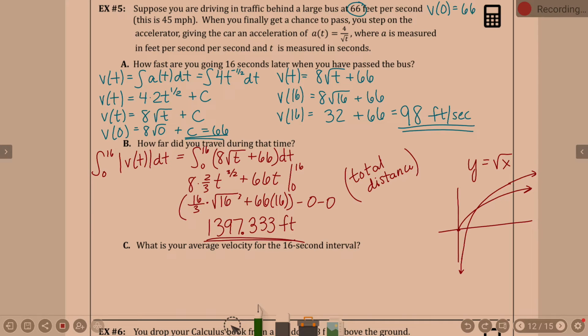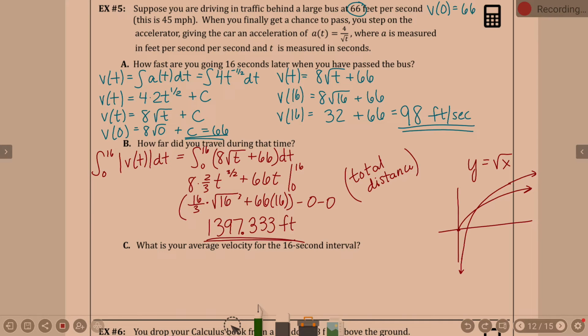Try to think. There's two different ways we can do this, maybe more than two, but what do you guys say?